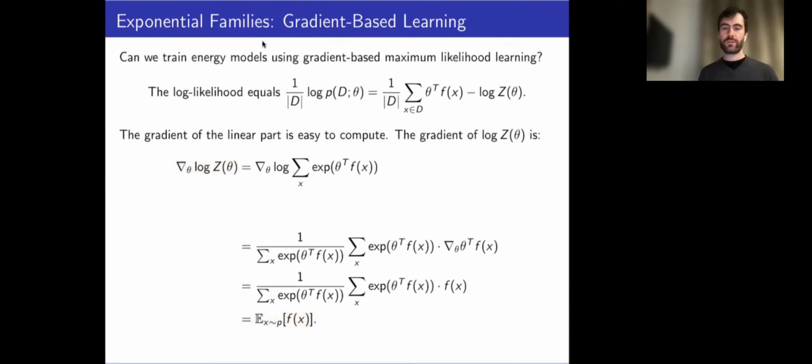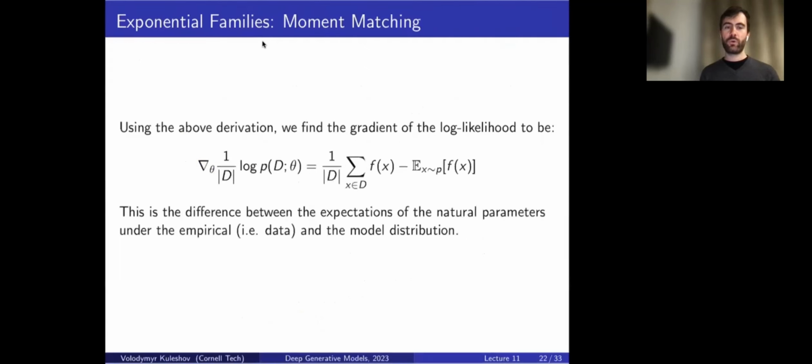And we can use this fact for obtaining an expression for the gradient of the log likelihood with an exponential family model. The form for that gradient is going to be exactly this.